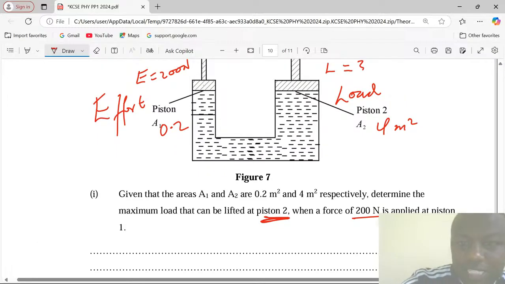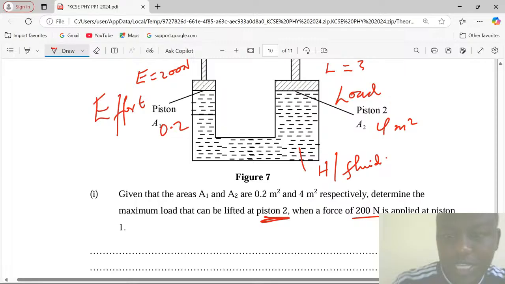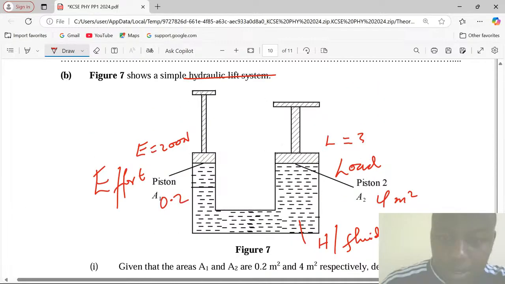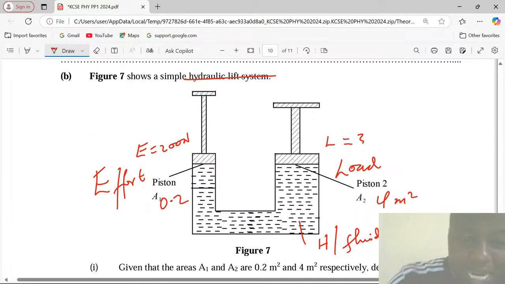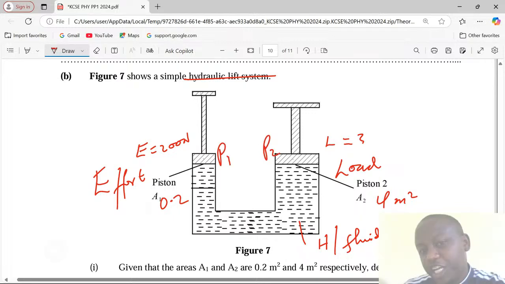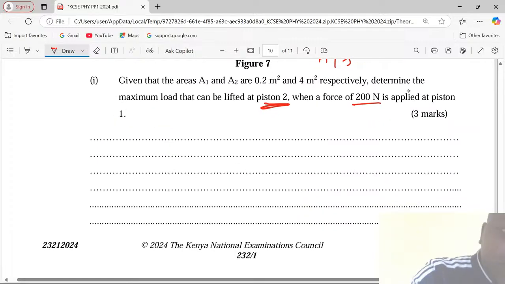So we need to know the load which can be lifted. We know that this is a hydraulic fluid. Therefore, we are supposed to know that the pressure applied here, pressure 1, is transmitted such that it will also be equal to pressure 2 on the other end. So pressure 1 is equivalent to pressure 2. And how do we get pressure generally?